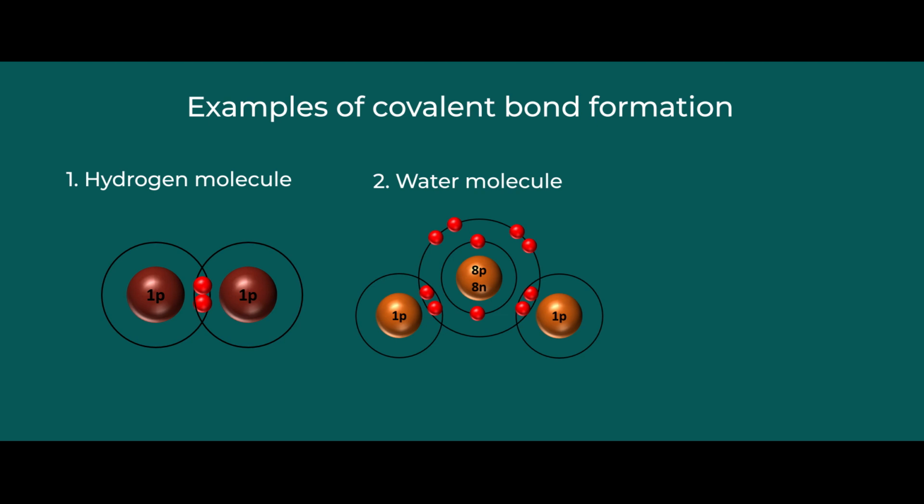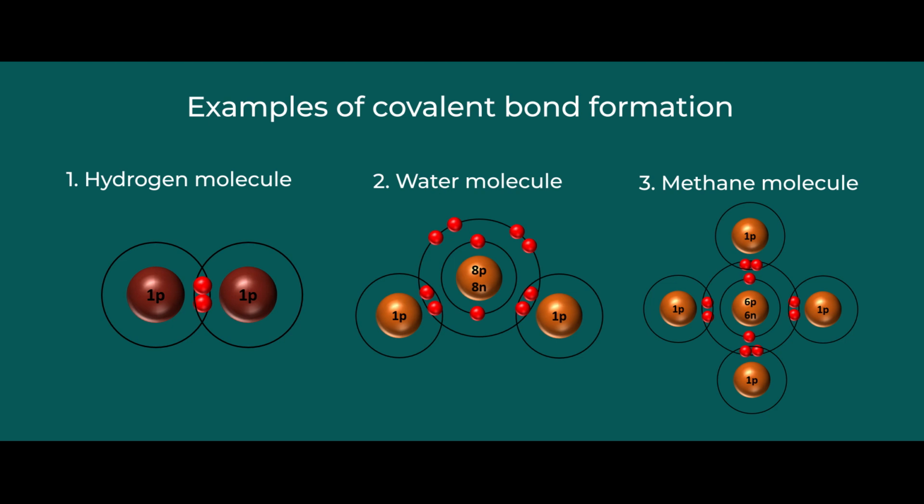Next is methane molecule. This is a methane molecule. Methane contains 1 atom of carbon and 4 atoms of hydrogen. Carbon is having only 4 electrons in the outermost shell and then it fulfills its noble gas electronic configuration by sharing electrons with 4 atoms of hydrogen. Now you can look at the shared electrons in between and you can count.